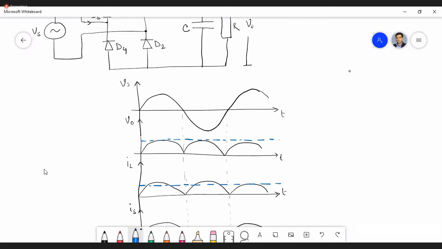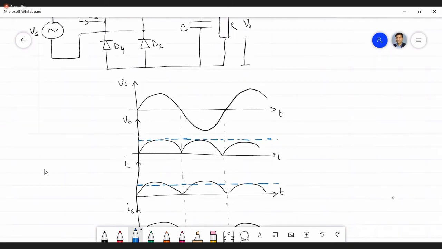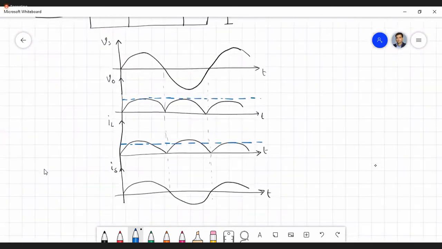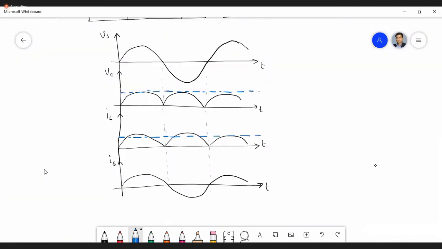Okay. Am I right? So after installing the capacitor and inductor, we can have the ripple free voltage and ripple free current. Now, what about the other two waveforms? Whether they will change or they will remain the same?